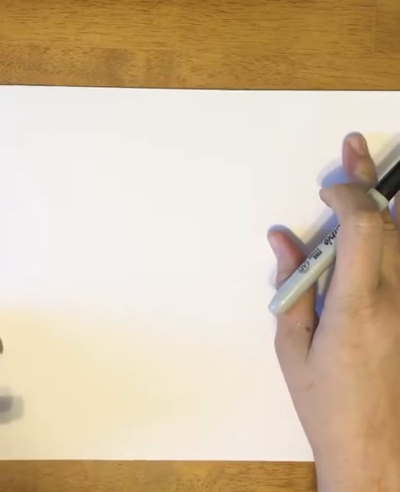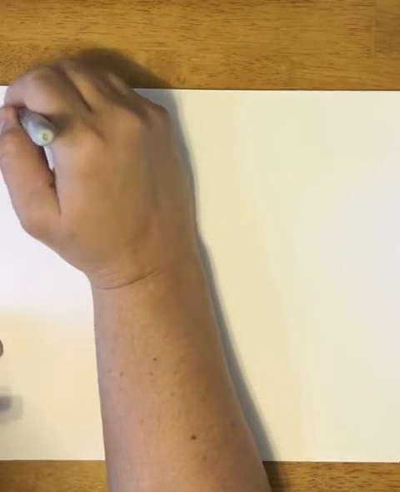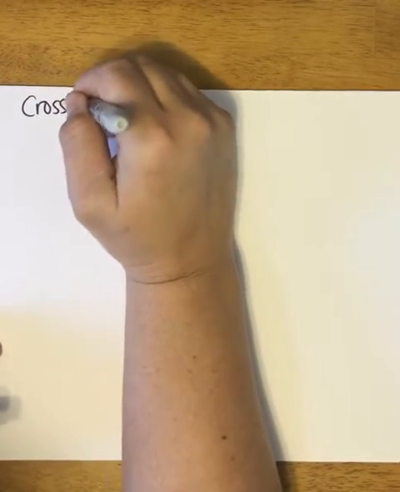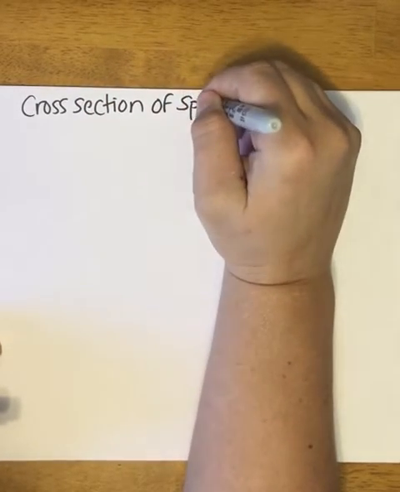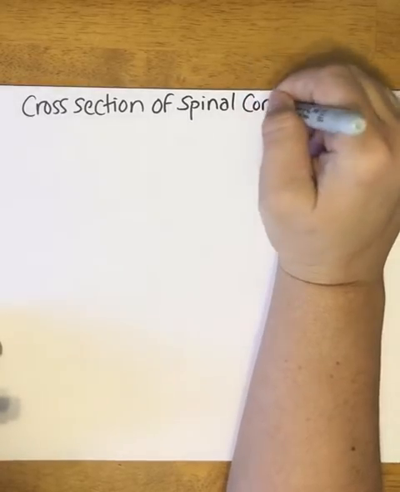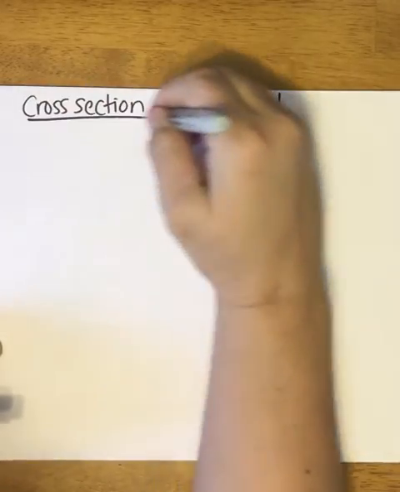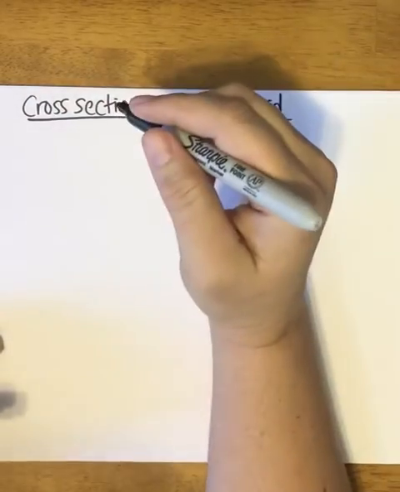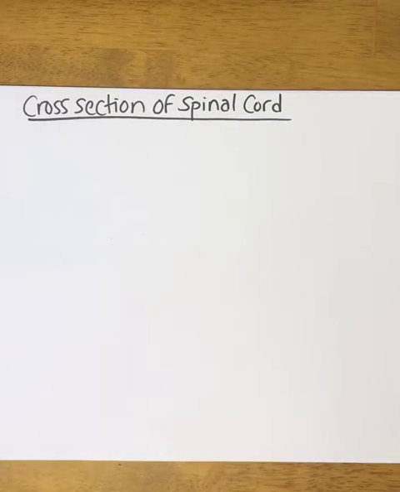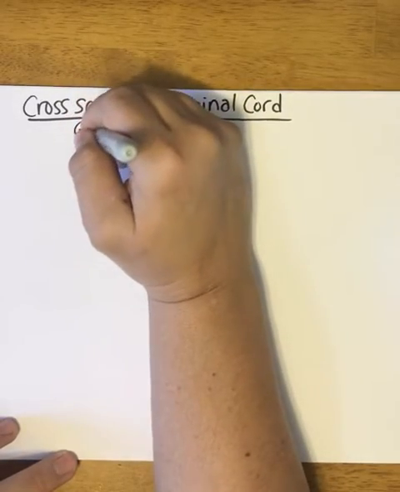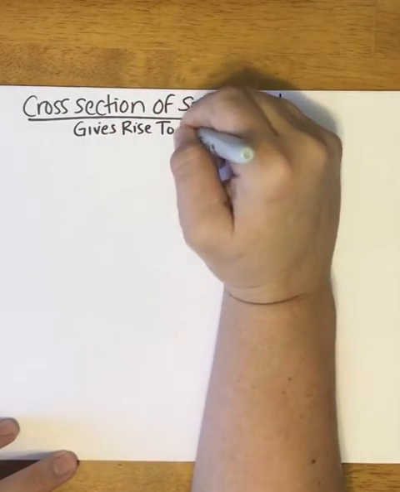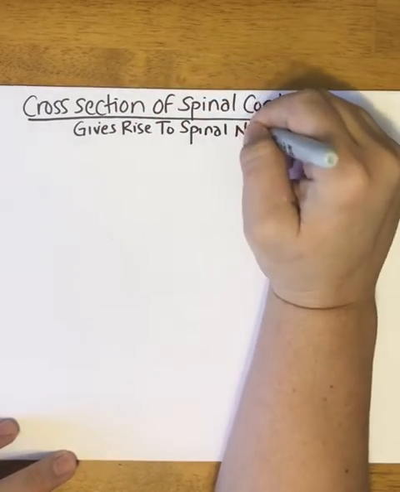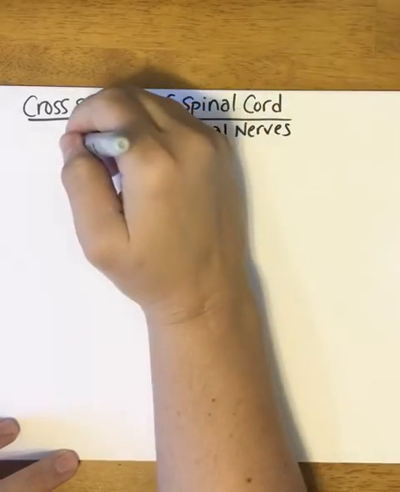So we're going to do a cross section of the spinal cord, which gives rise to spinal nerves. 31 pairs.